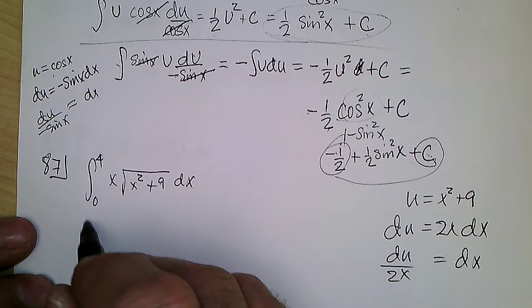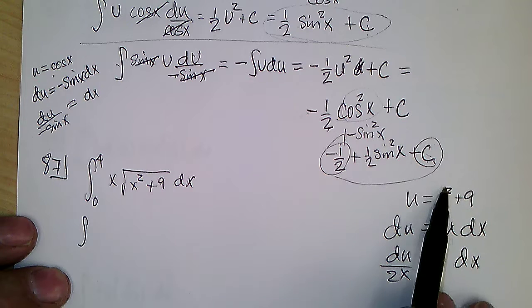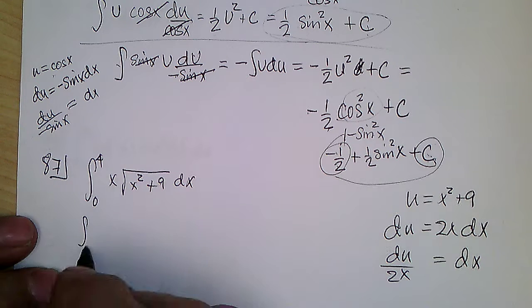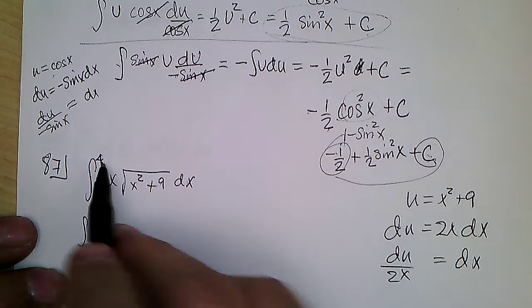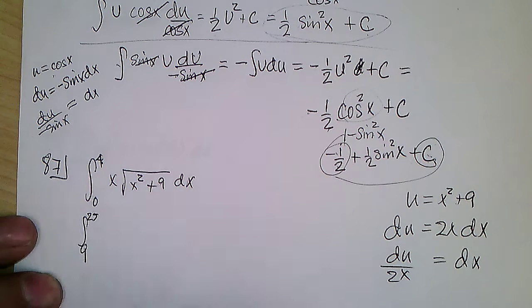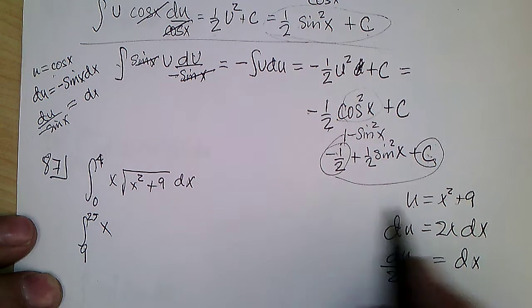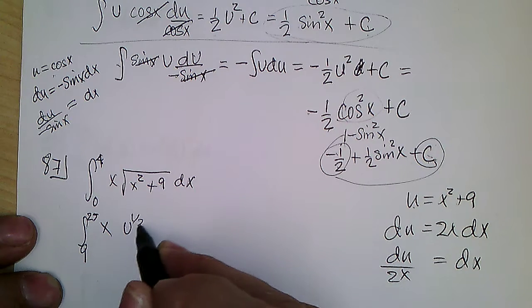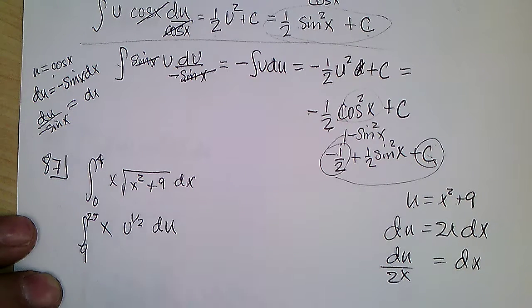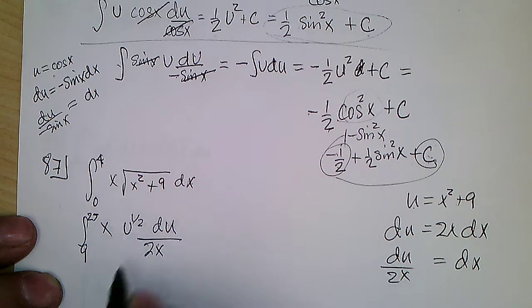So I'd have the integral, if I'm changing to u, 0 would be 0 squared plus 9 is 9, and 4 would be 16 plus 9, 25. I've got this x, but I'm changing this to square root of u, or u to the 1/2. dx would be du over 2x.